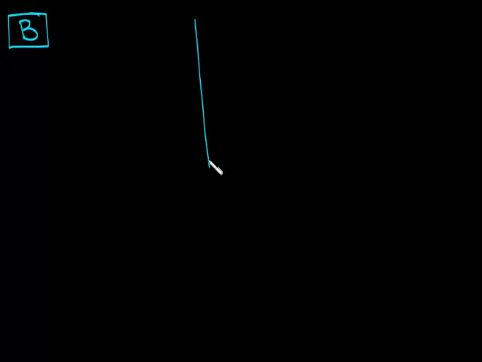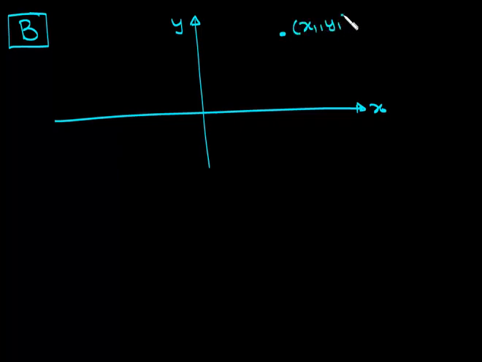Now before we go any further, let's take a look at 2 formulas that are associated with it. Let's say I have a coordinate plane like this, and I have a point here. I'll call this point x1, y1. I'm calling the horizontal value x1, the vertical value y1. And I have another point here.